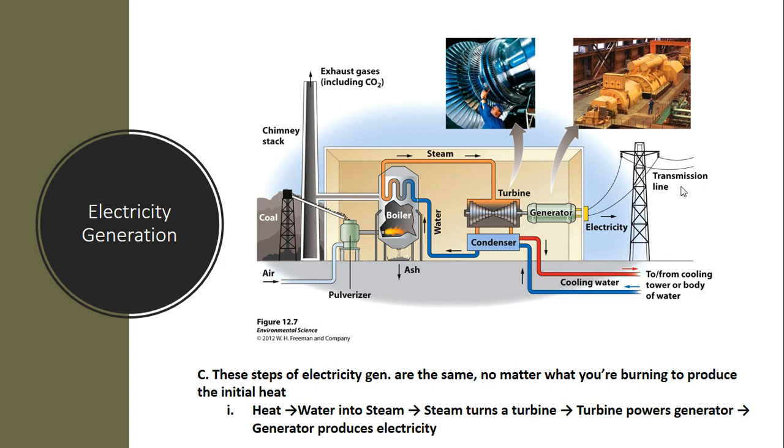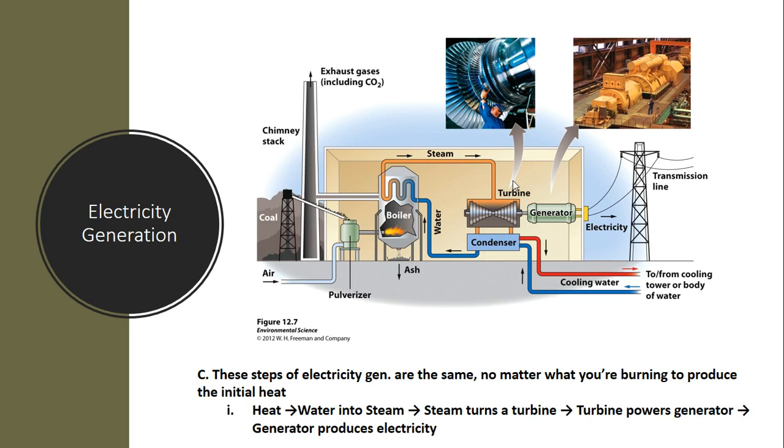You can see that where you see the boiler here. In that boiler, we're going to have large amounts of water. We heat that water through the combustion of coal or natural gas, and that water forms steam. That steam is then taken to turn a turbine.